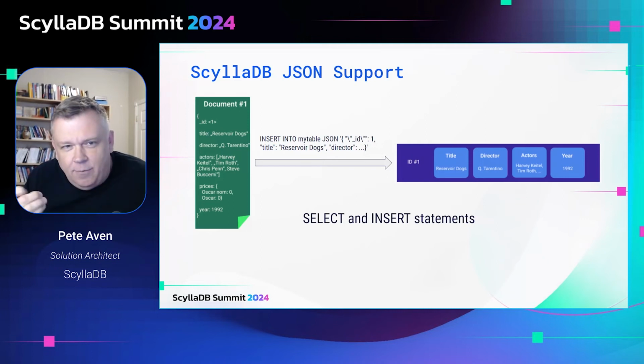And so with JSON support, you can say insert into my table JSON, and you can pass the JSON, and those attributes will automatically be allocated to the proper columns, right? So ScyllaDB supports select and insert statements, and there's actually a couple of functions, toJson and fromJson, to be able to work with the values and the attributes of the data in Scylla. But it doesn't always look like this.